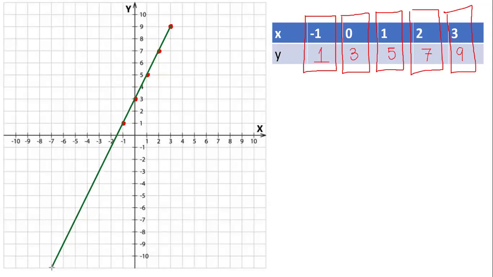Good. All right, so we have the drawing and we have to label it. So what's the labeling that's gonna go on this graph? Y is equal to 2x plus 3.